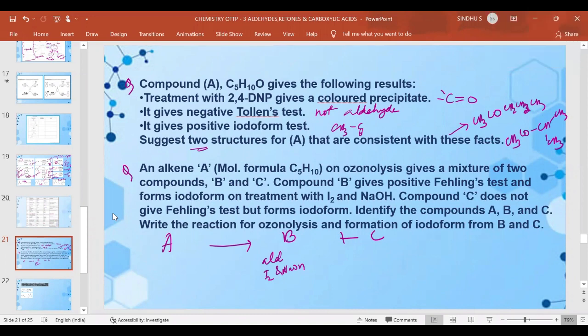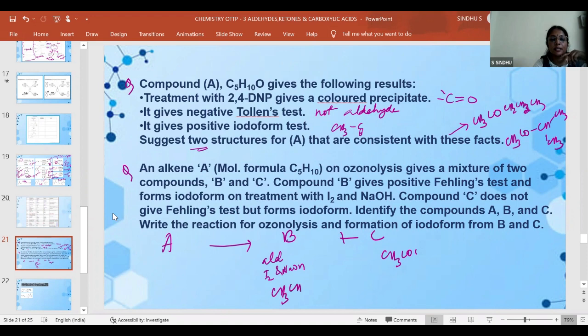That is a methyl ketone, ma'am, CH3COCH3. So B will be acetaldehyde, CH3CHO, because that's the only aldehyde which will answer the iodoform test, right?